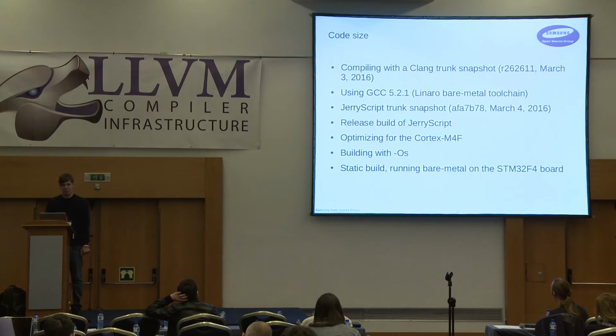And JerryScript is also a trunk snapshot, about 2 weeks old. We only focus on the release build here, and the build itself is optimized for the Cortex-M4. And obviously, we're building with -Os. And the build is a static build.